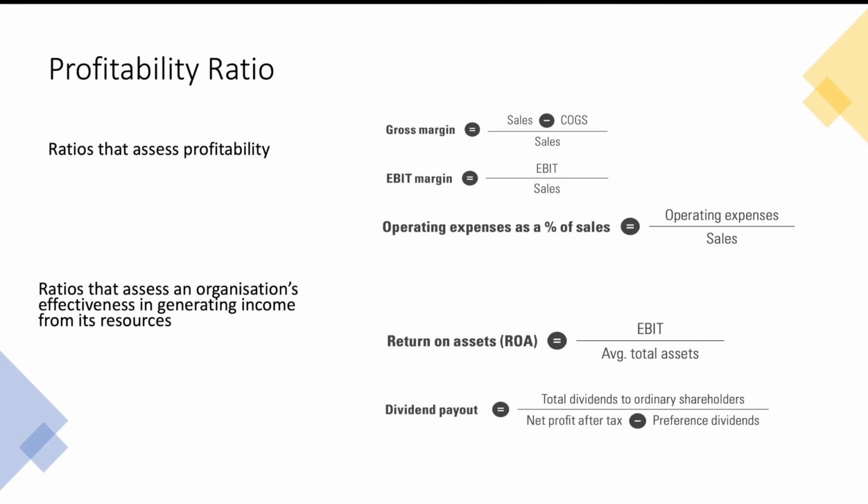We are dividing by the total assets of the organization, so definitely if the organization has large assets, the ROA will be lower. So if we are comparing the ROA of a large assets industry, we have to look at similar organizations as a benchmark.